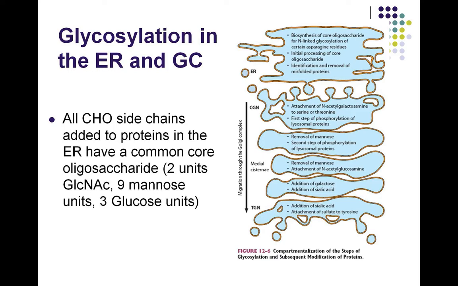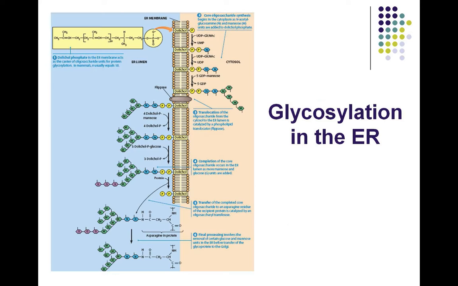Okay? Now, before we look at terminal glycosylation, let's refresh our knowledge base on glycosylation happening in the ER. This is just a review of what I recorded last time.